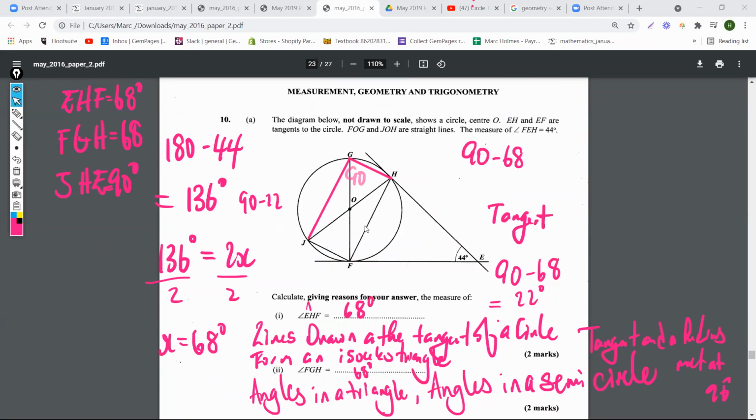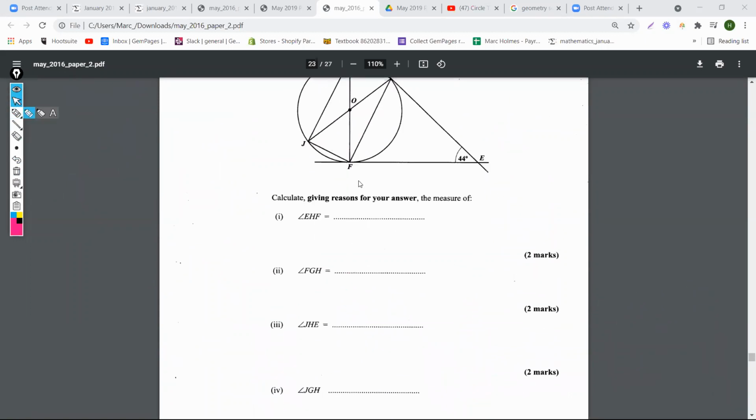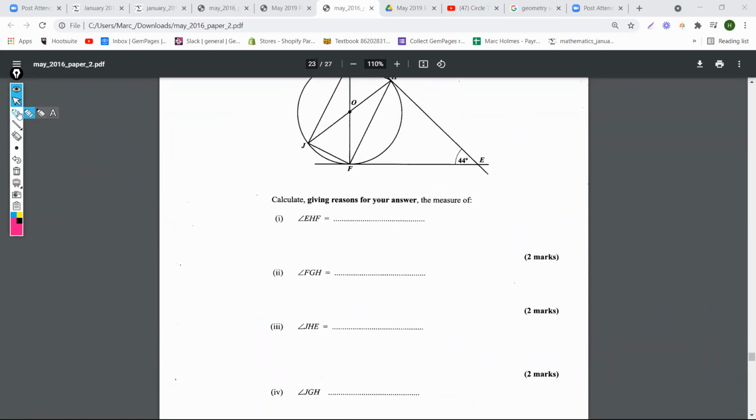Let's look at it one more time, guys. So let's clear the screen for a second, and make it smoother. Let me scroll down. So yes, this one is 68. This one is 68. This one is 90 degrees.